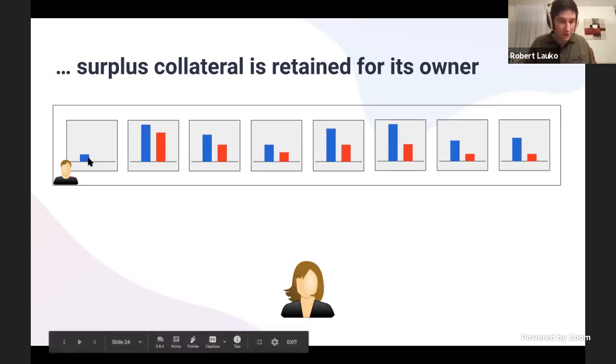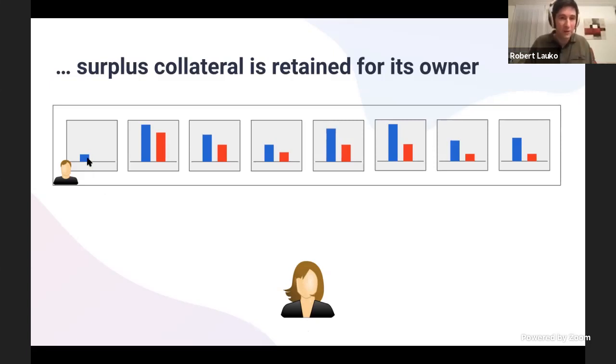There should be a surplus, a remainder, because this position was collateralized at above 110%, and this remains with Bob. So Bob does not lose anything. He just loses the opportunity of staying invested.